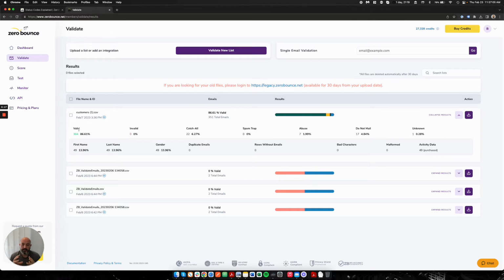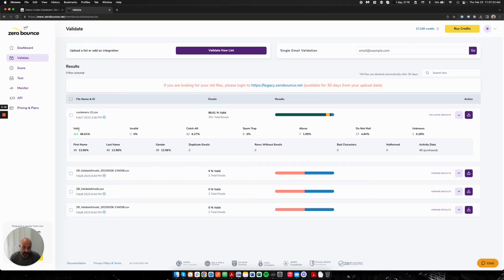The reason for that is they are opting into your platforms. They're opting into your services, your marketing, or whatever you're providing. And therefore, the chance of them marking you as spam is really low because they're opting in for this. And so that's the case where I would accept it.